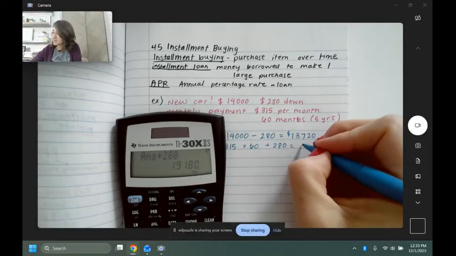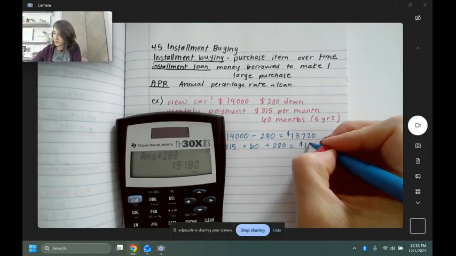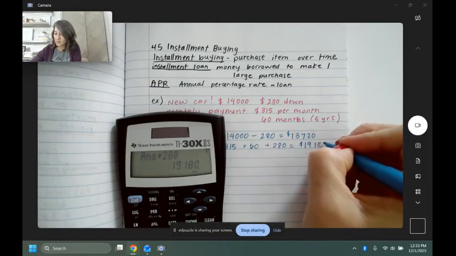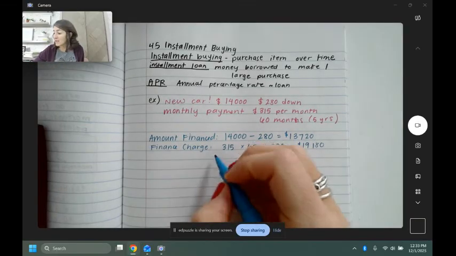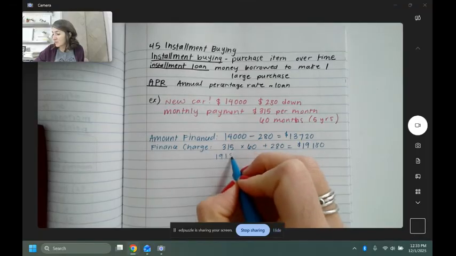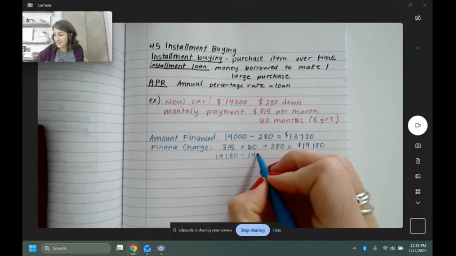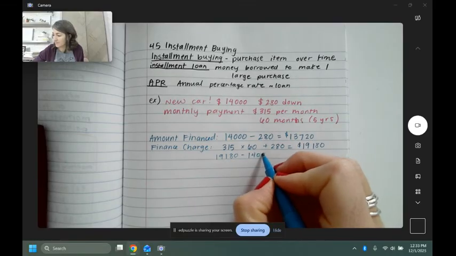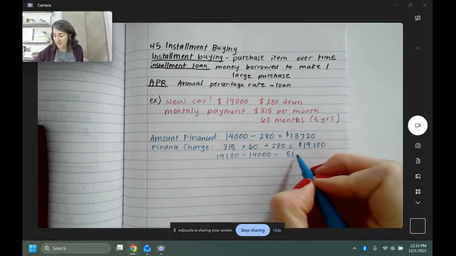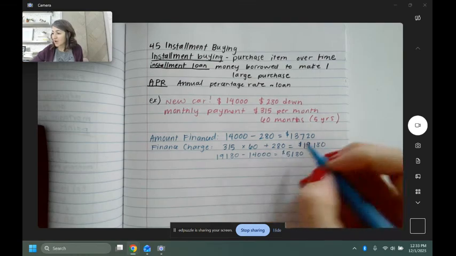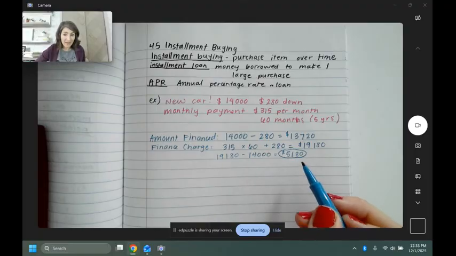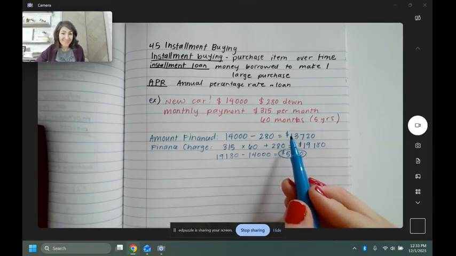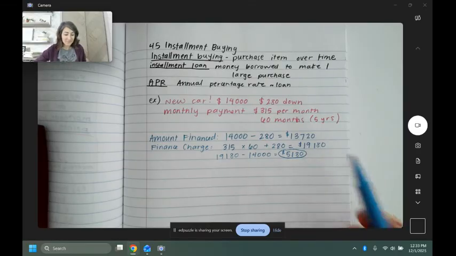That means the total to the loan is $19,180. Then how much it cost me to finance this is how much total I paid, that $19,180, minus that sale price, so $5,180 is the cost to finance my loan. That's the amount that I paid the bank to borrow the amount that I borrowed.